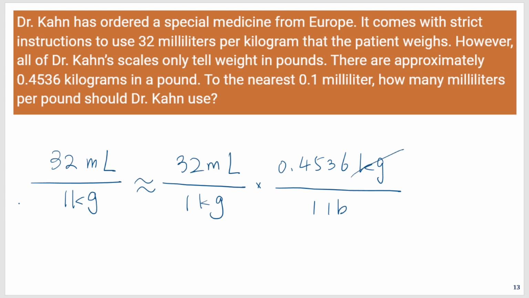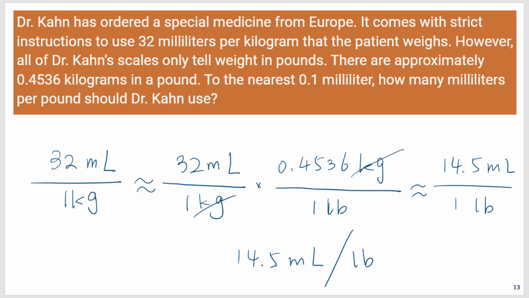This way we can cancel the kilograms here and successfully convert the unit to milliliters per 1 pound. So that's approximately 14.5 milliliters per 1 pound, or 14.5 milliliters per pound. Did you get it?